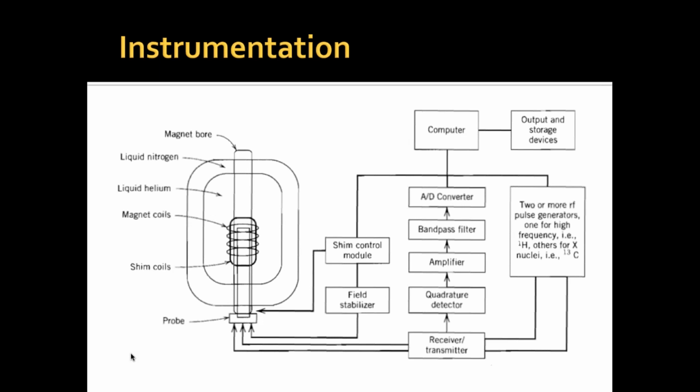Basically, there are two kinds of instruments people use in NMR. One is continuous wave, CW, and these days it is FT, Fourier transform. So currently, everywhere is FT-NMR, not CW-NMR, right? Mostly we use FT-NMR because the applications have increased.